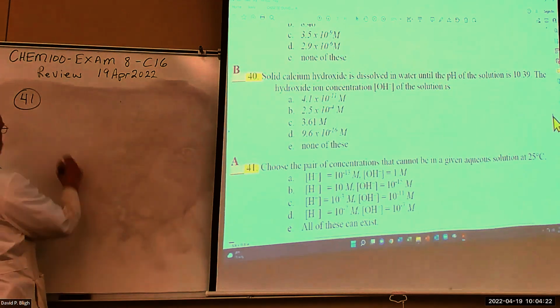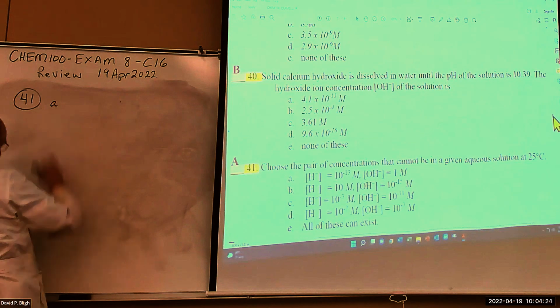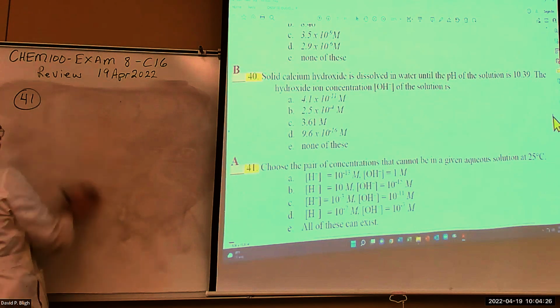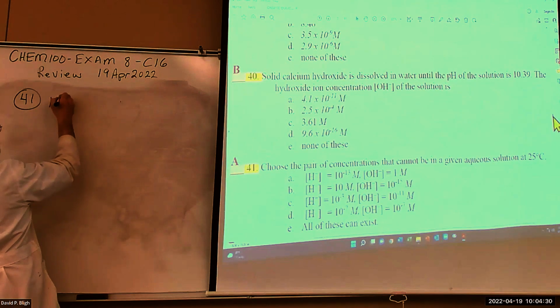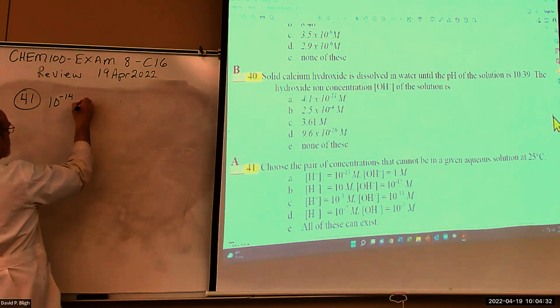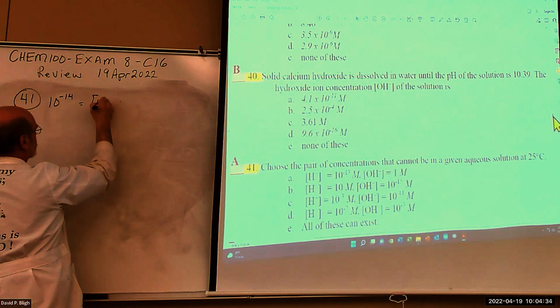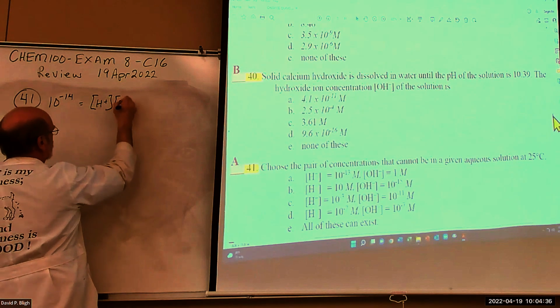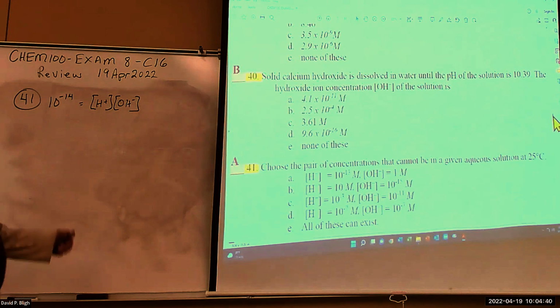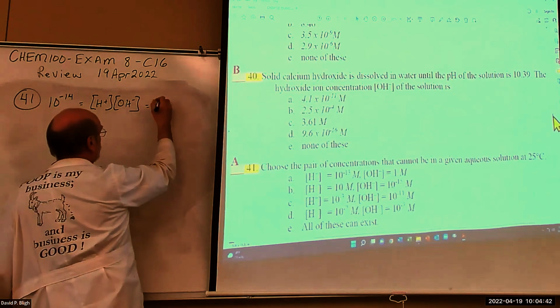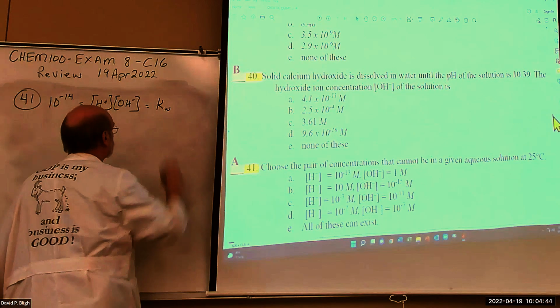What they're saying is, the controlling calculation is 10 to the minus 14 equals hydrogen ions times hydroxyl ions, right? And that's equal to our KW.